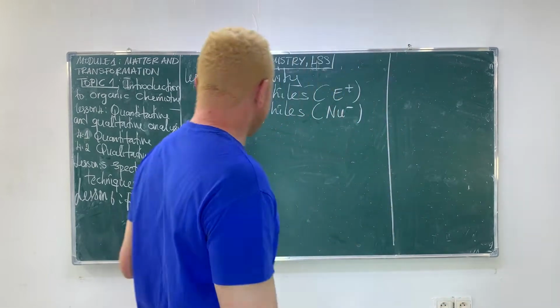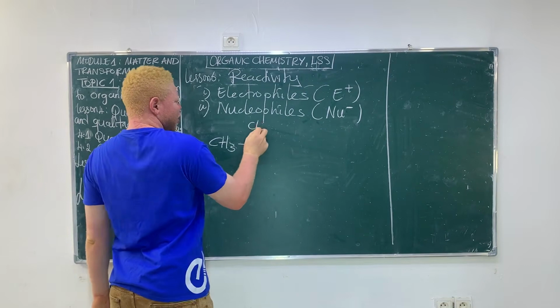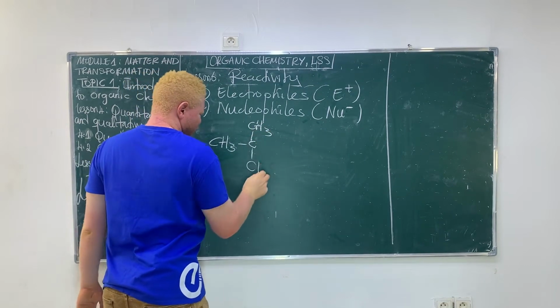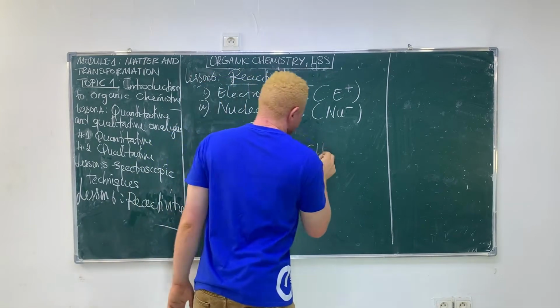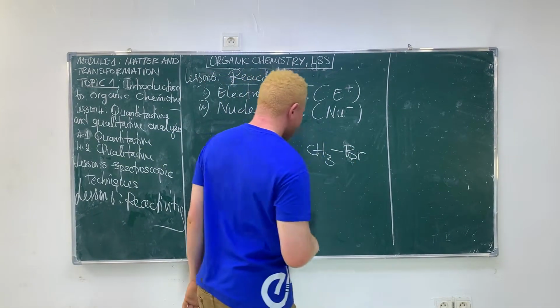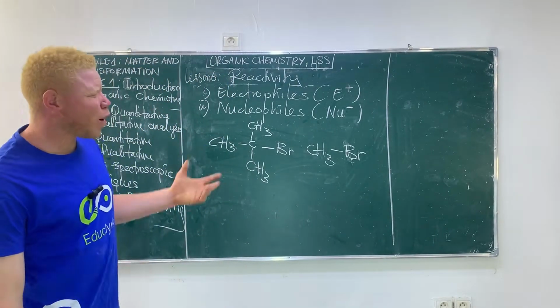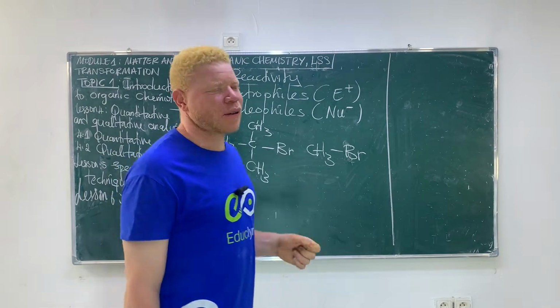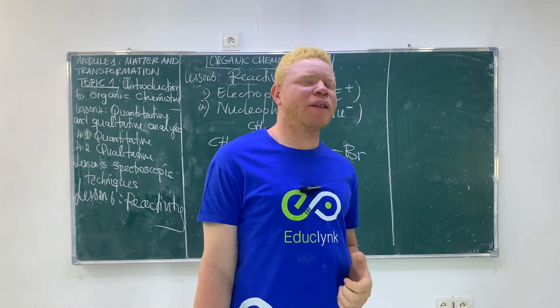So consider these organic compounds on the board: CH3CBr(CH3)CH3 and CH3CH2Br. What are the 2 compounds on the board? One will react faster than the other due to what we call in chemistry steric hindrance.